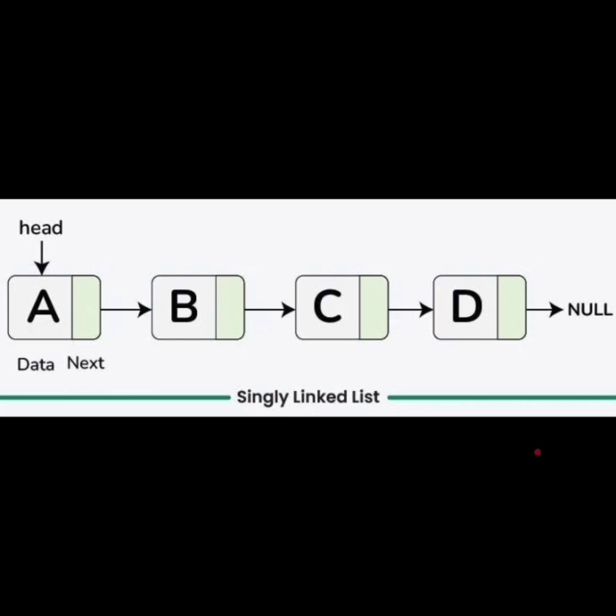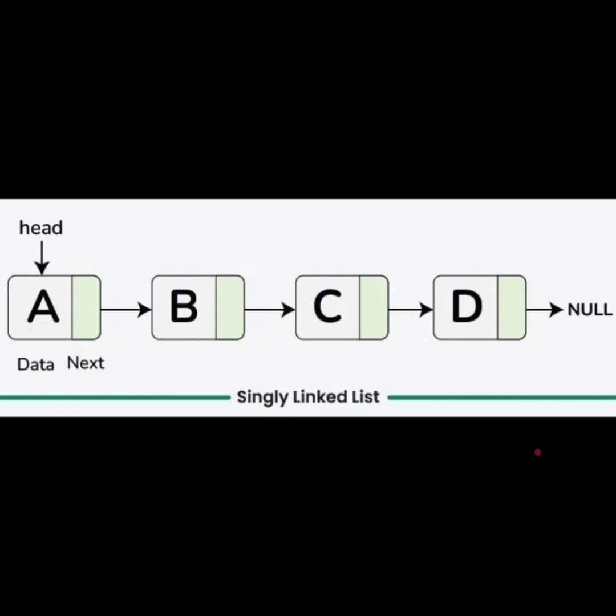Here A, B, C, D are four different nodes, and A is the head, where A is the data part and the remaining right half is the pointer part, that is the next part.